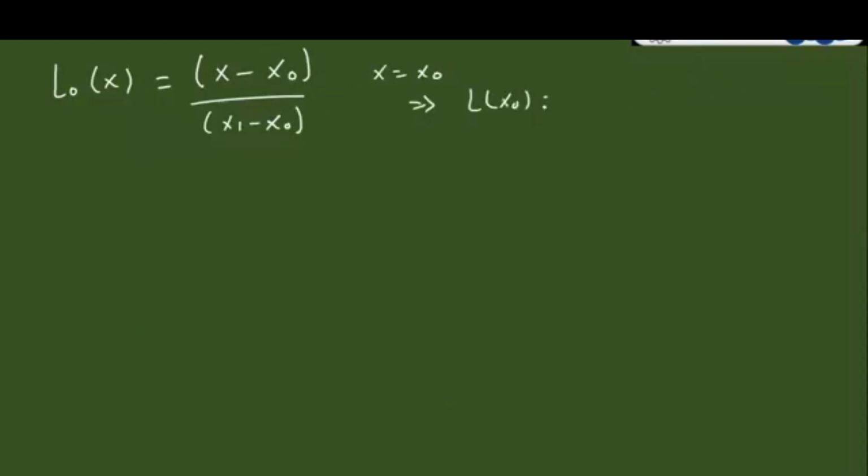So L naught is defined like that: x minus x naught divided by x1 minus x naught. Let's check. If I put x equal to x naught in this function, this implies L naught at x naught equals x naught minus x naught divided by x1 minus x naught, which is 0 in this case.